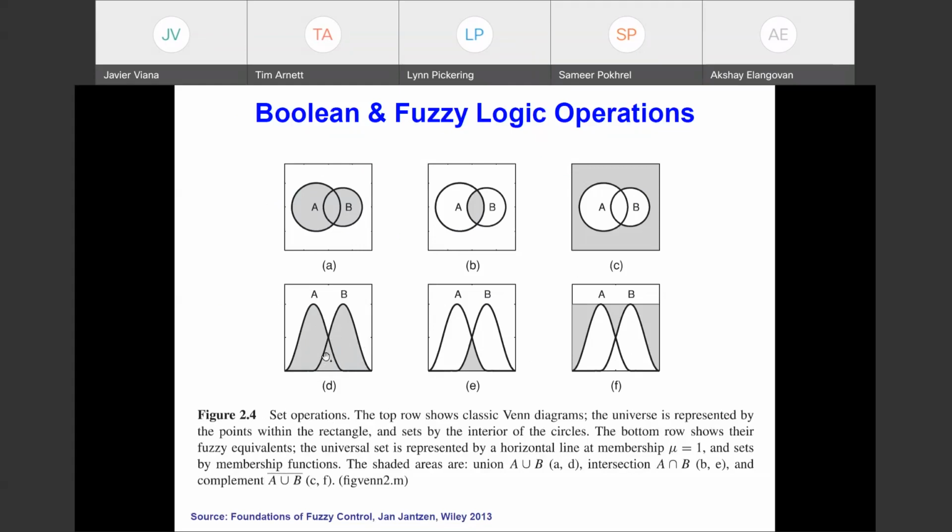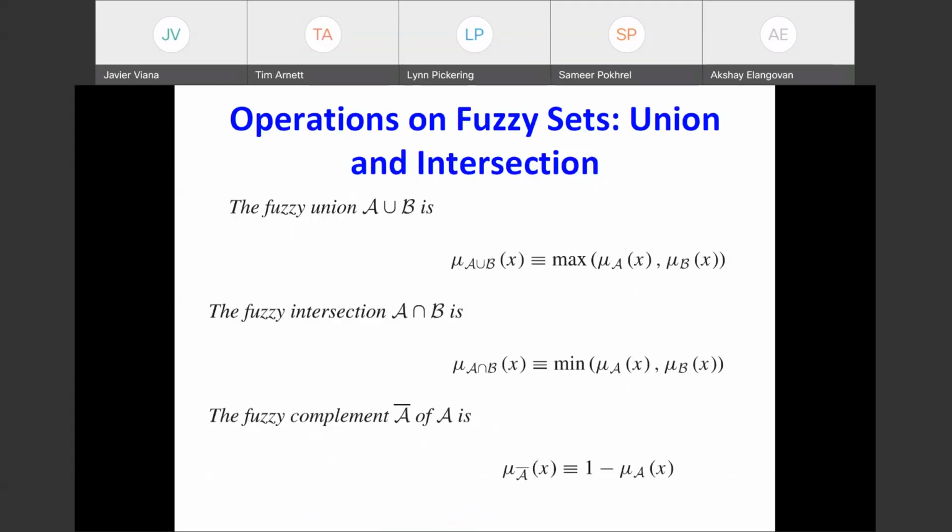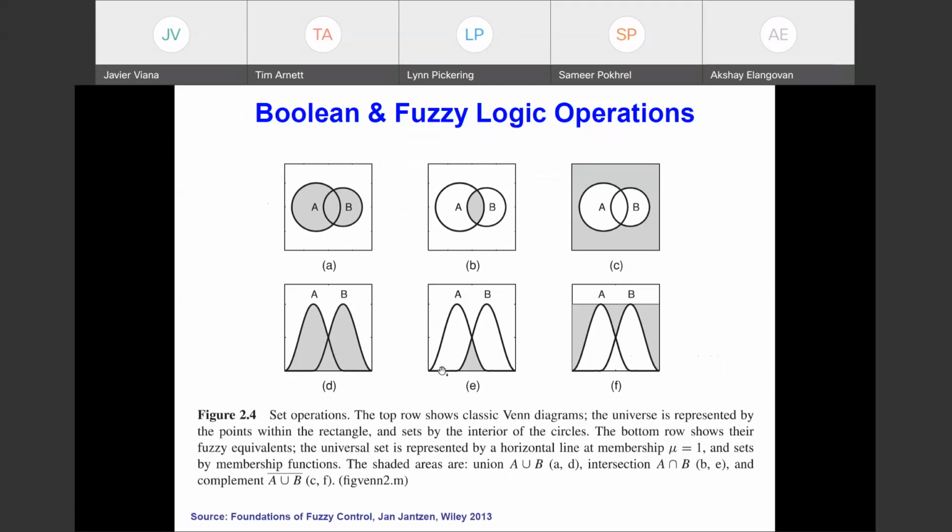Since we're taking the maximum, we would take the value here for A, and then we are going to use that further down the line for our inferencing operations. Similarly, the intersection, sorry, that's or, not and. I misspoke. For intersection, we'd be taking the minimum. So instead of that situation, we'd be taking the minimum, which would be the value for B.